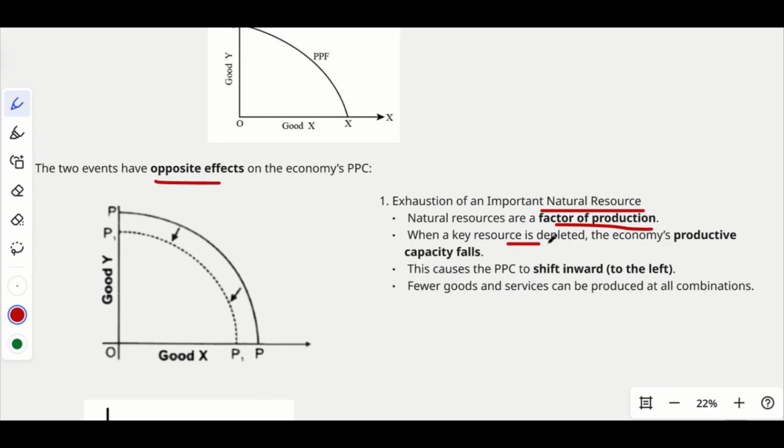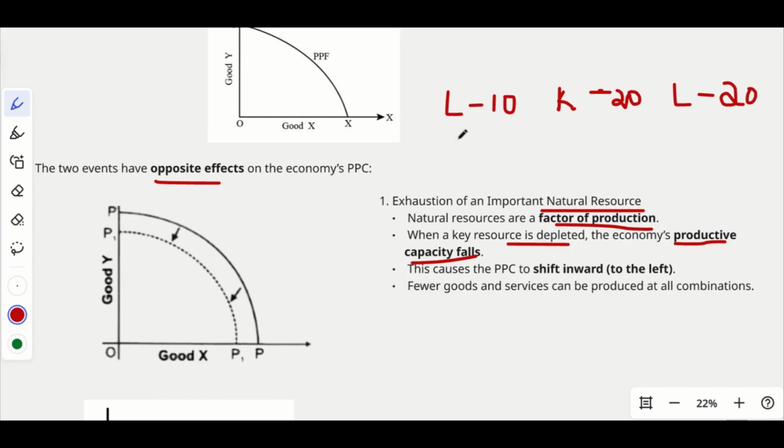So when a key resource is depleted, the economy's productive capacity falls. For example, a production requires 10 units of labor, 20 units of capital, and let's say 20 units of land.